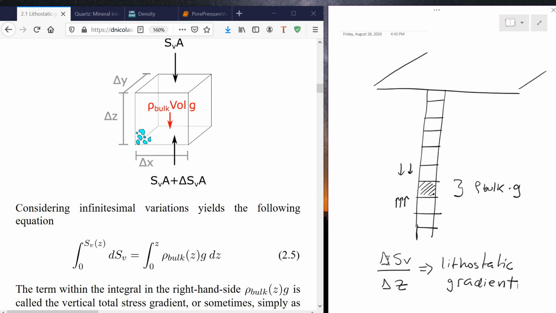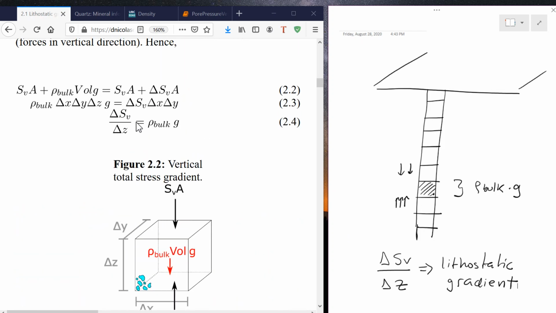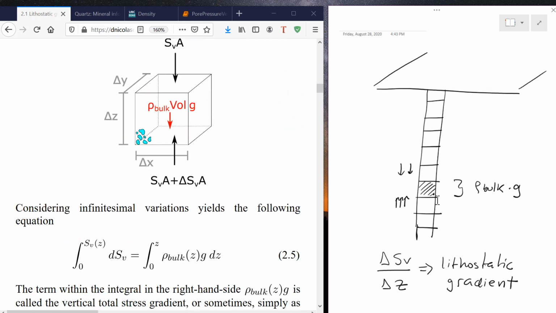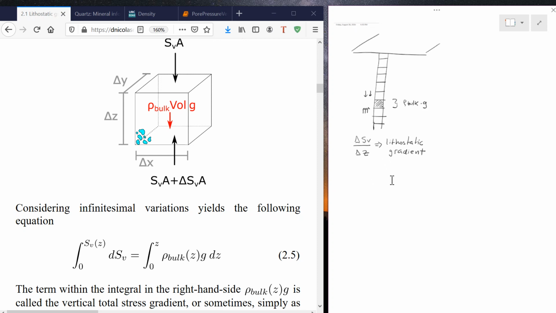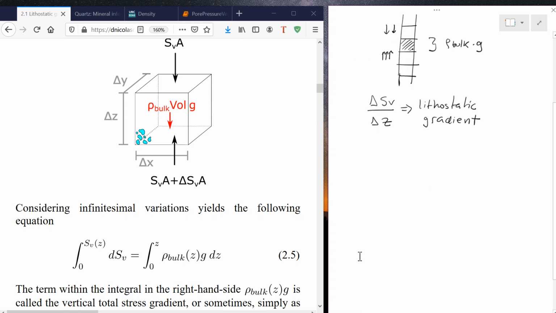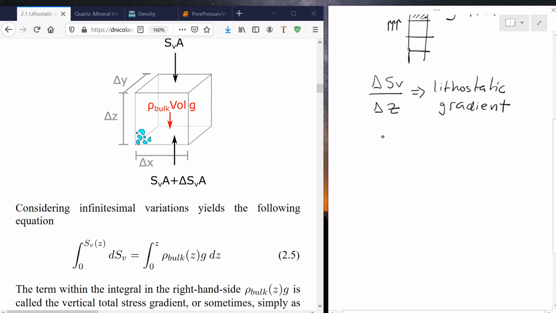The gradient of stress, which we can express in terms of infinitesimal variations, let me write it over here. We can write it as dSV divided by dz, which can be integrated into the equation that you see here on the bottom, 2.5.